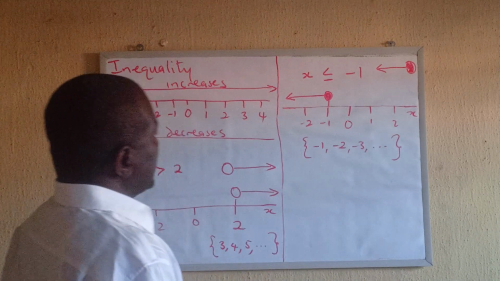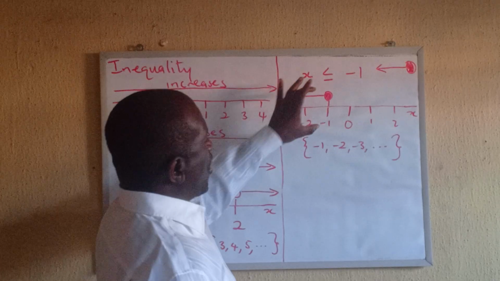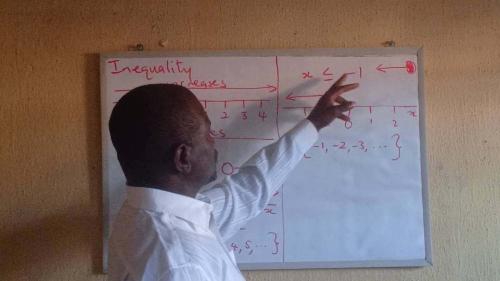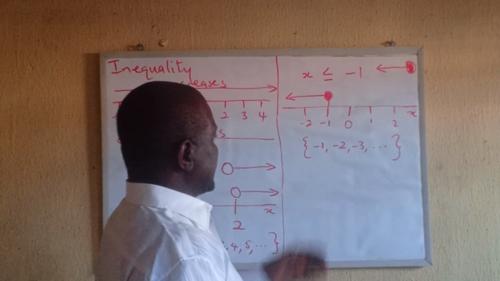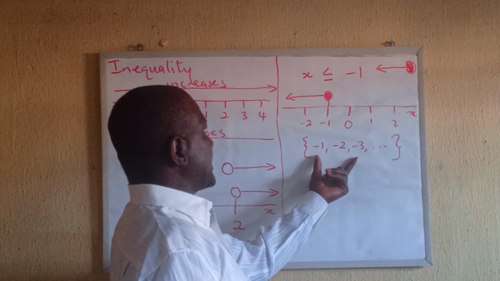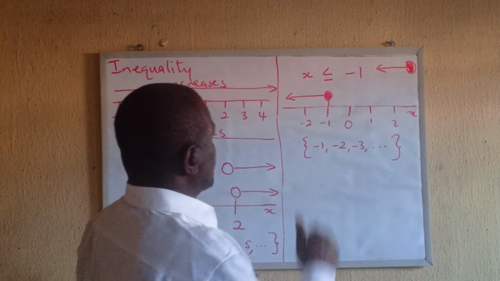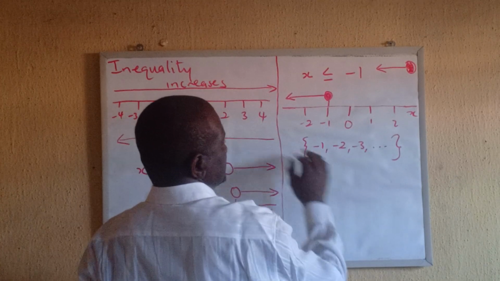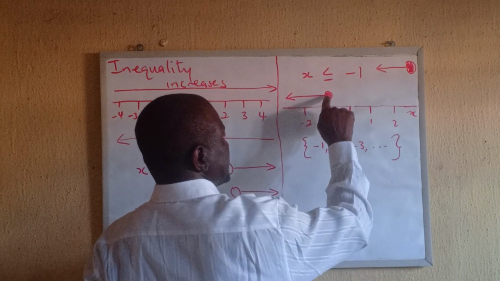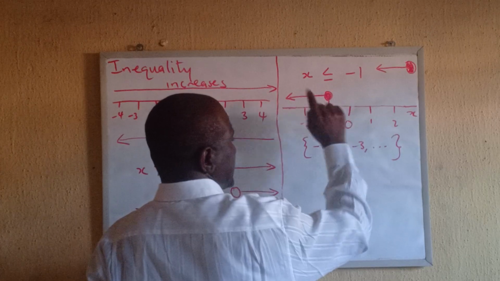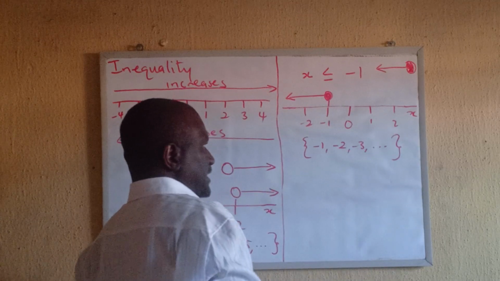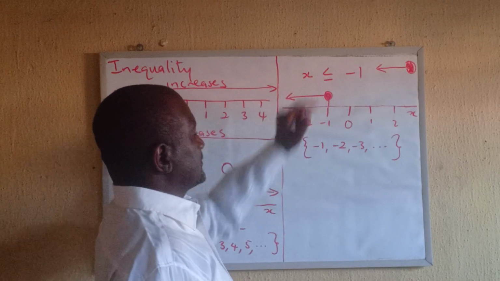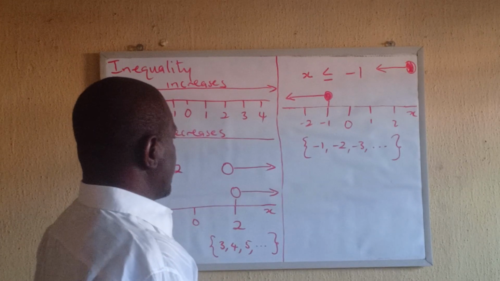This is the graph of the inequality x is less than or equals to -1, and this is the set that satisfies this inequality, because from -1 to my left are these numbers, and because we shaded this circular part, then -1 is part of the set, and that is what this bar stands for.